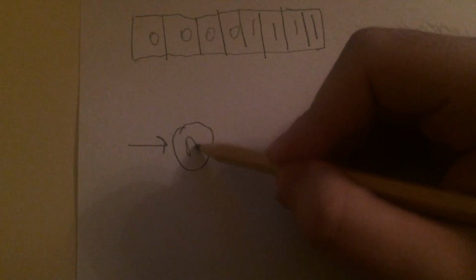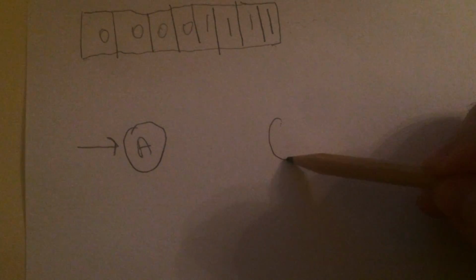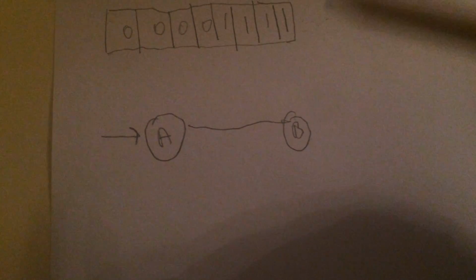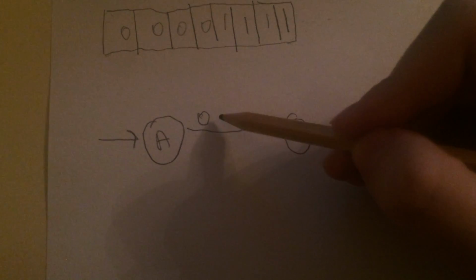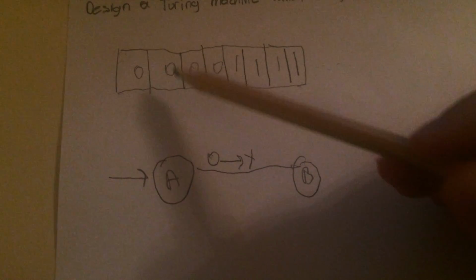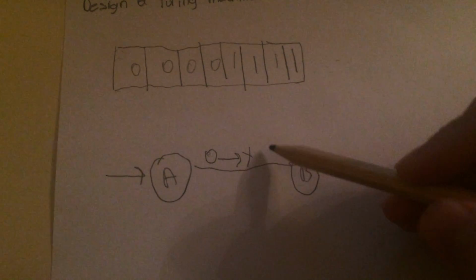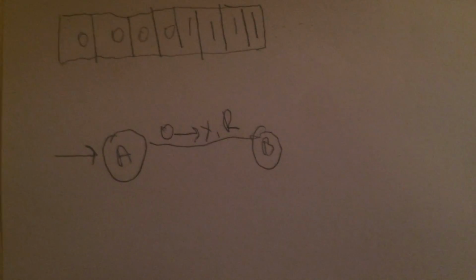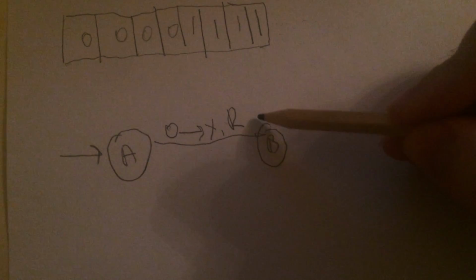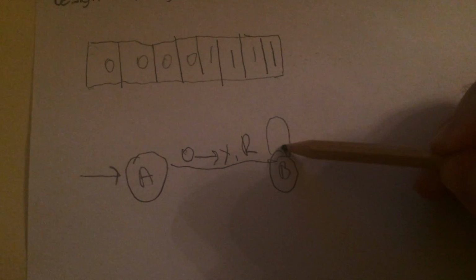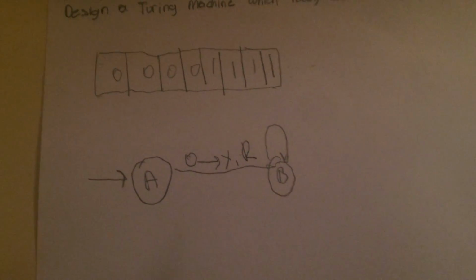Let's call it A. If the input is 0, we put an x, and A will go to another state, which goes to the right until it sees a 1. It continues to go to the right until it sees a 1.